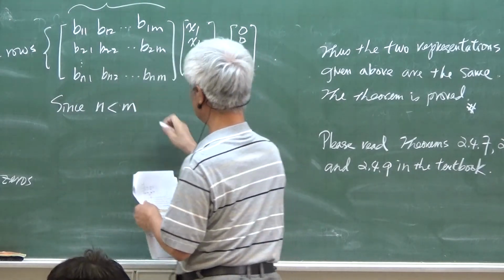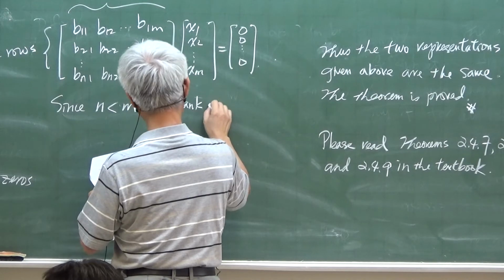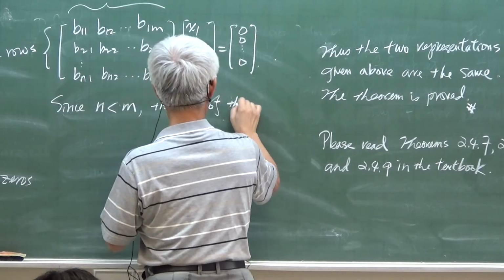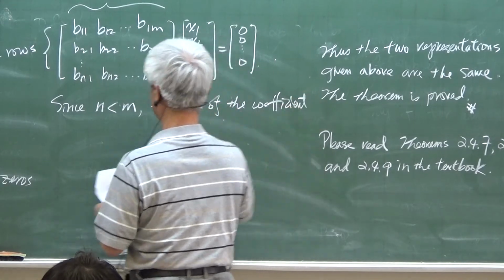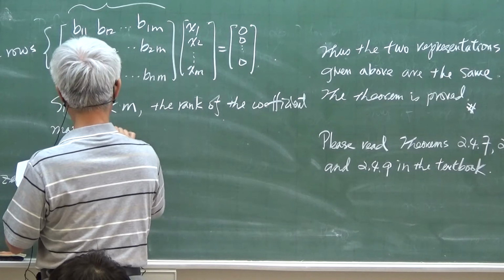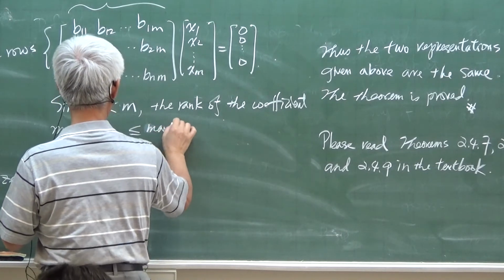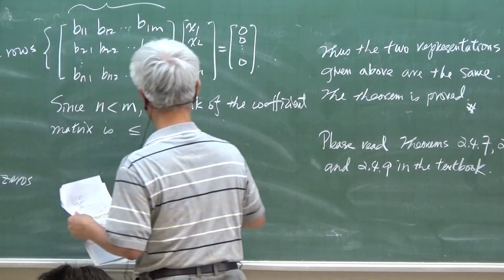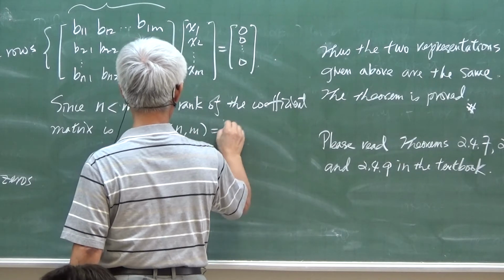Okay, so we see that the rank of the coefficient matrix is equal to the minimum of n and m, which is n.